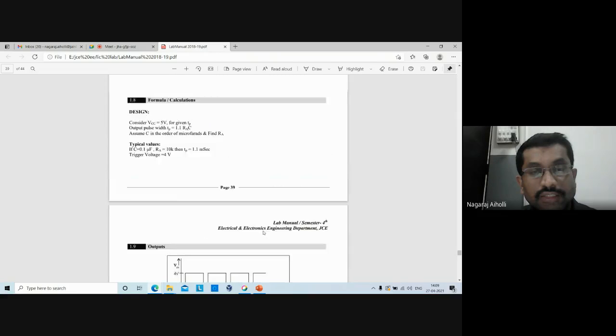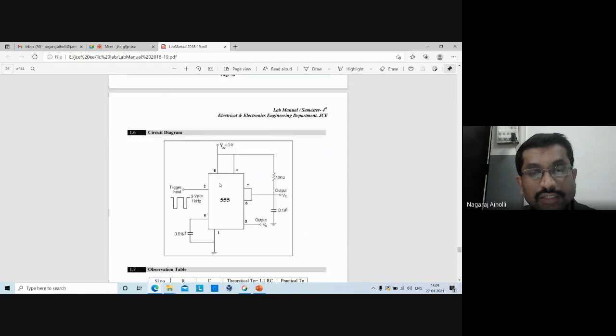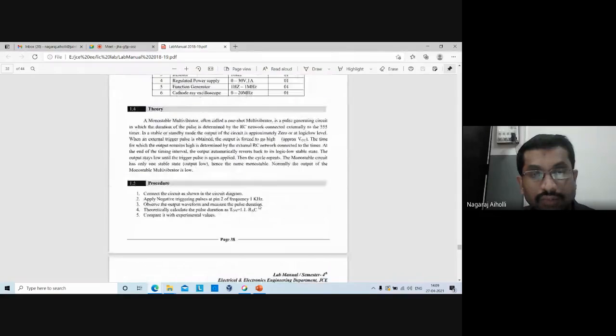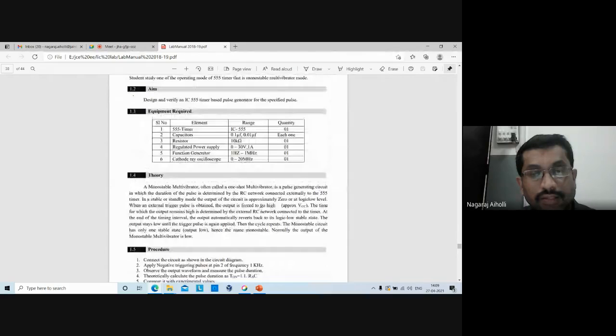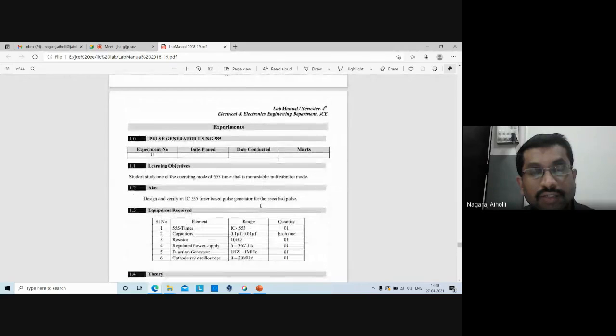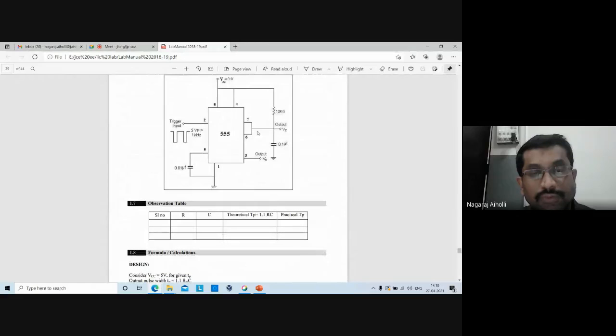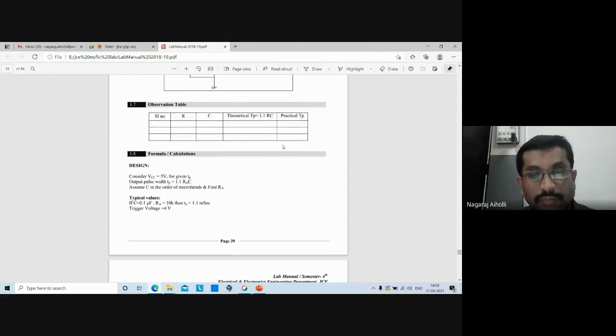So using this timer circuit, using the timer IC, we will be able to produce the output pulses. This is the 555 timer IC, as it is called. Using this IC, we will be converting these trigger input pulses into output pulses.